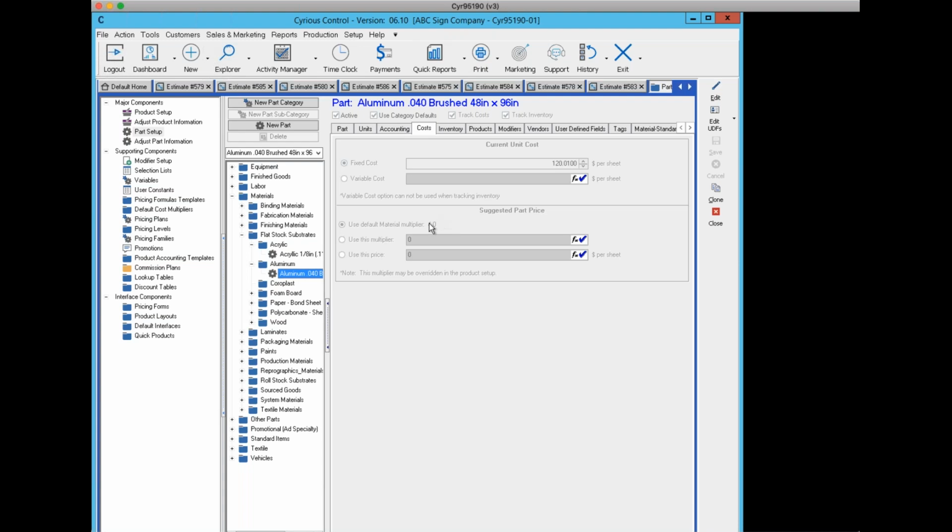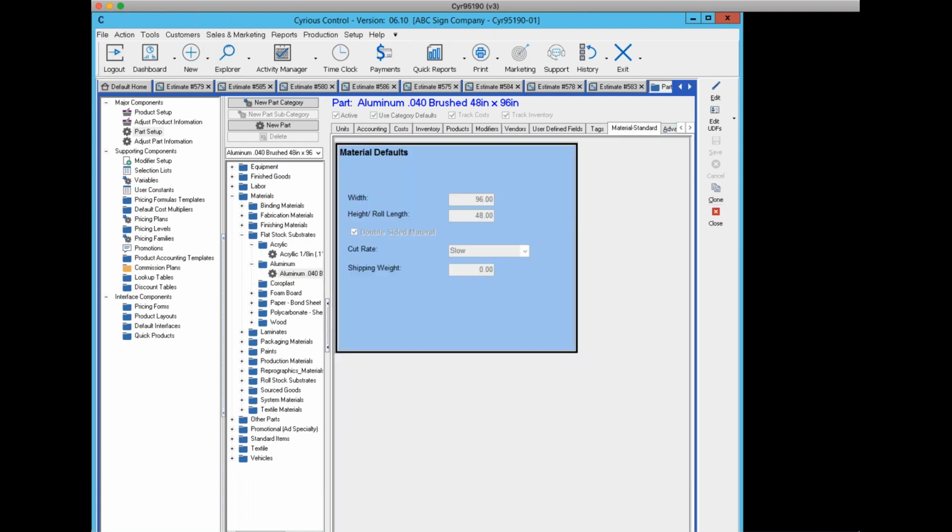So from a cost-based pricing, these two are working identically to each other as far as the markup is concerned. If I come out to look at the markup, I'm not in the right spot here, just a second.